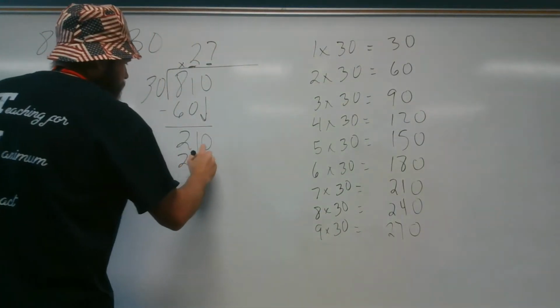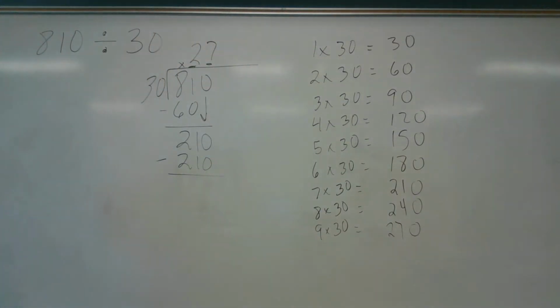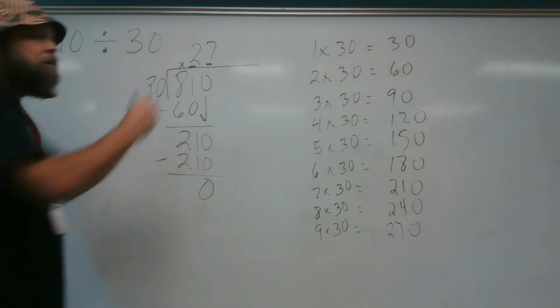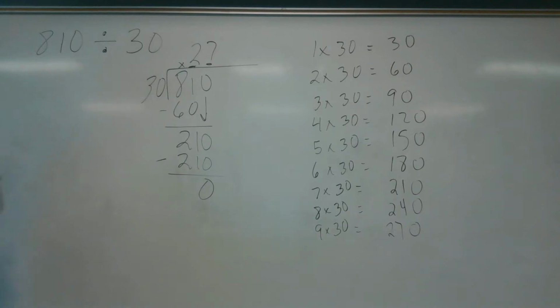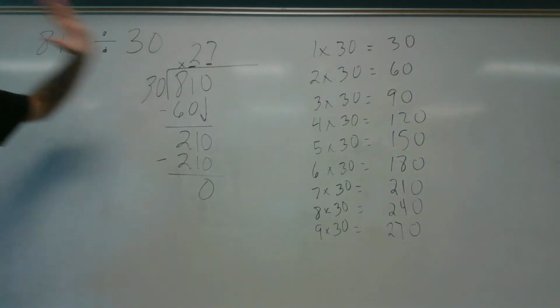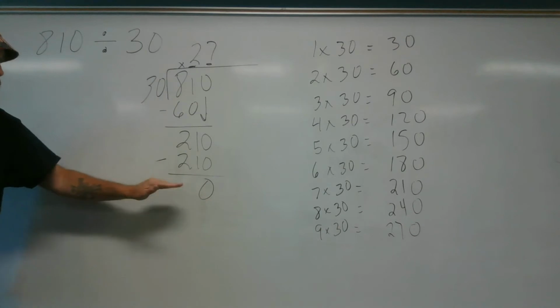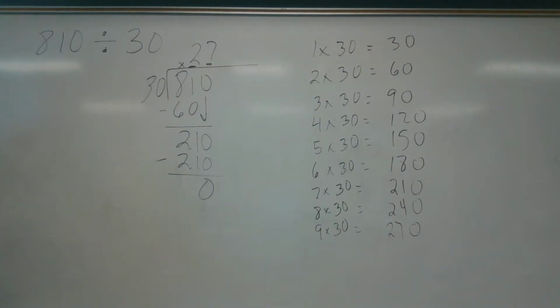So then I find the difference between 210 and 210. Jabril, what is 210 subtract 210? 0. Okay, so I have 27. I don't have anything else to bring down, so my final answer is 27. No remainder because I have nothing else to bring down, and it subtracted and equaled 0.